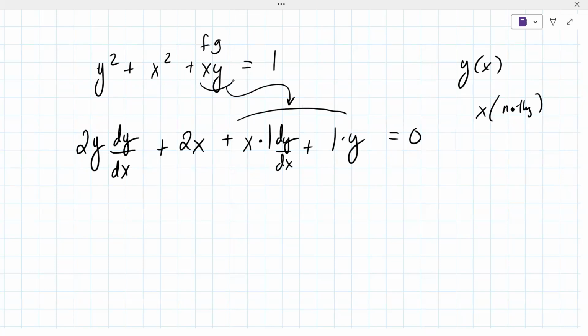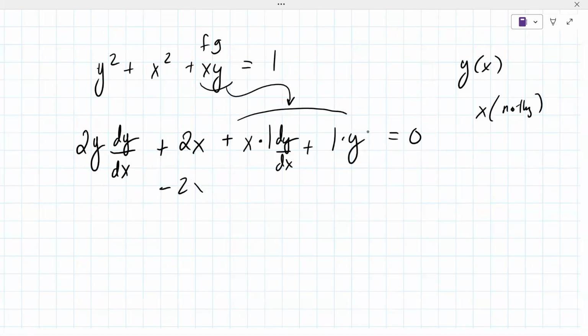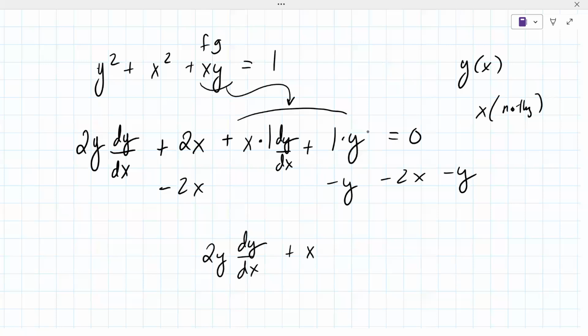Then you're gonna move anything that's not a dy/dx to the other side of the equation. Subtract 2x, subtract y. So you have 2y dy/dx plus x dy/dx equals minus 2x minus y.